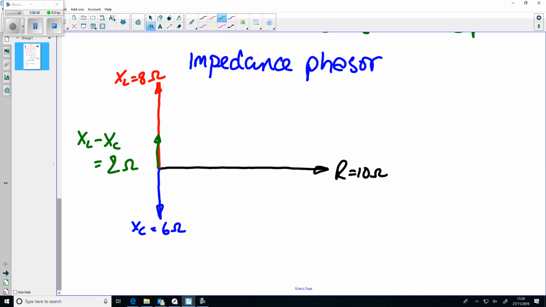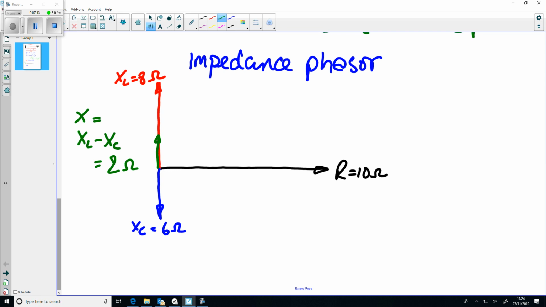Can you see that if the blue line was 8 and the red line was 6, that green one would go underneath. So that's the overall reactance, X, which is equal to the inductive reactance take away the capacitive reactance.